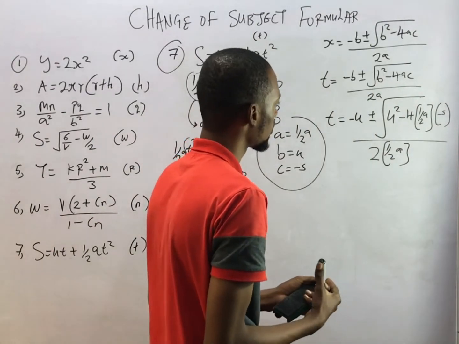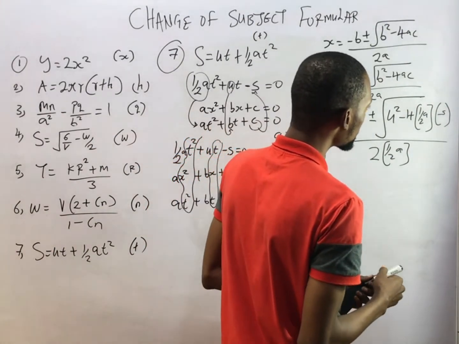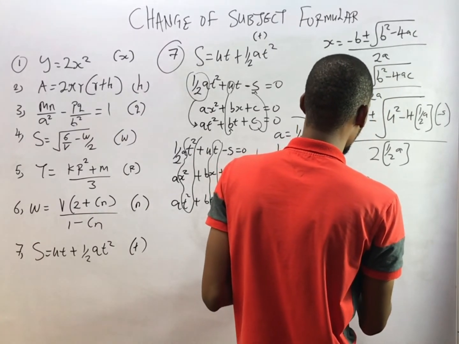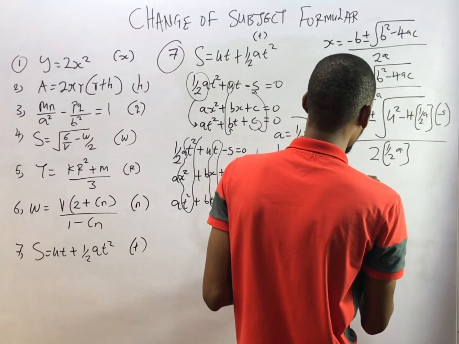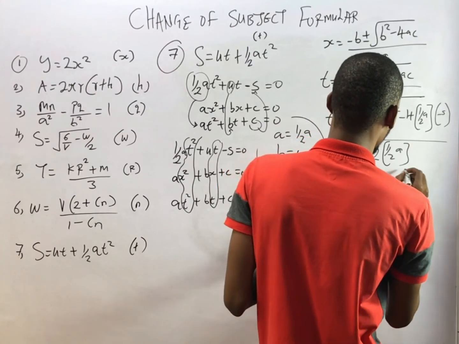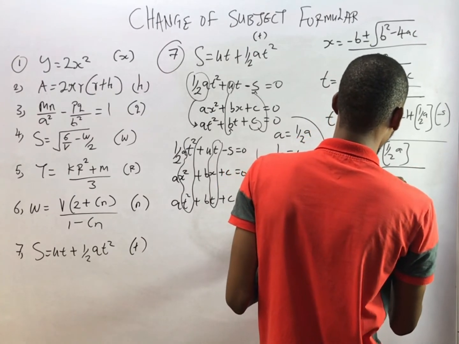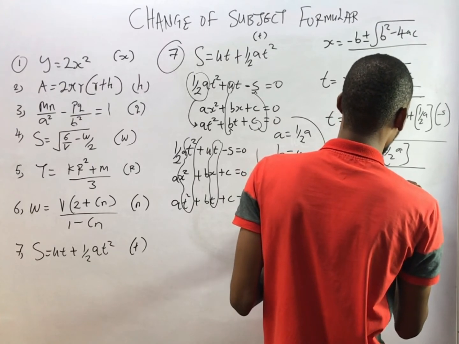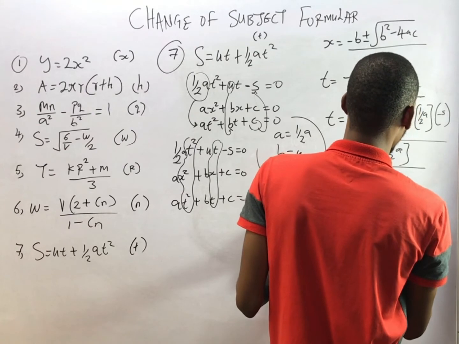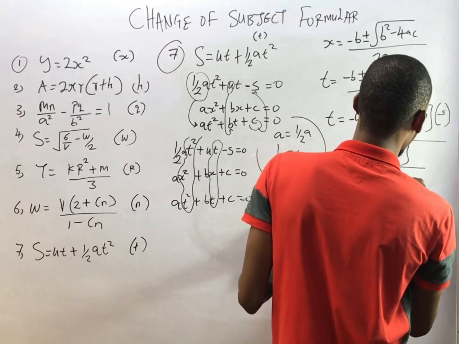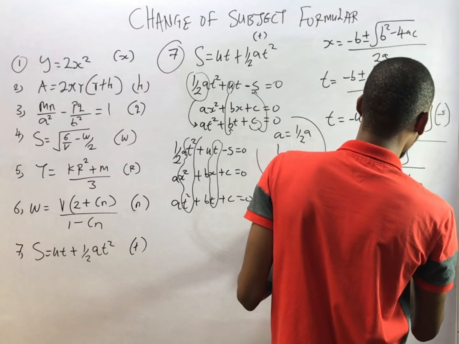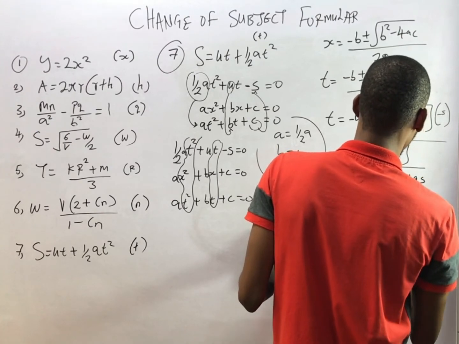We are substituting. So having this, you can break it down to t is equals minus u plus or minus the square root of u square, minus, plus, minus times minus is plus, so 4 over 2 a times s.